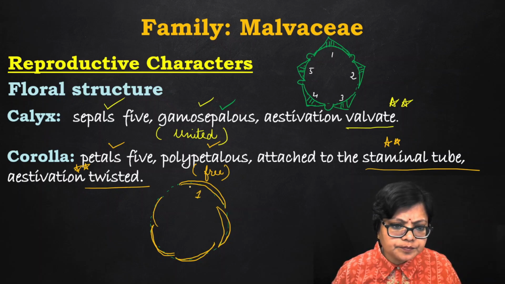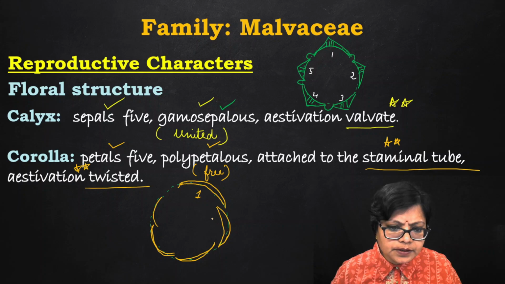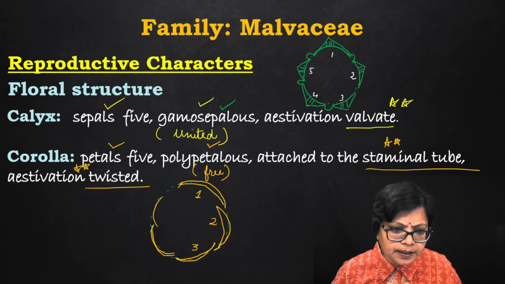This is one, this part is inside, this part is outside. Now this is the second petal, this part is inside, this part is outside. This is the third petal, this part is inside, this part is outside. This is the fourth petal, this part is inside, this part is outside.